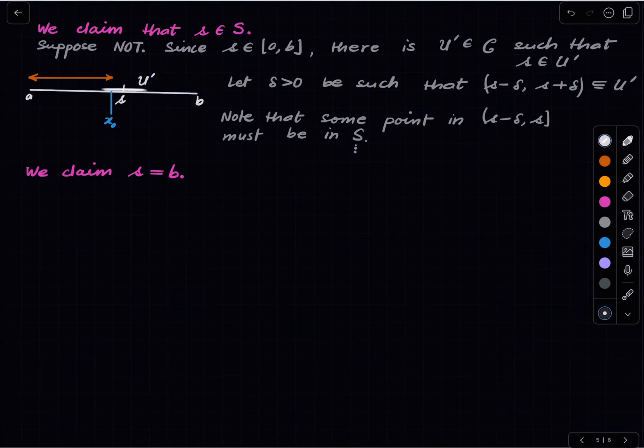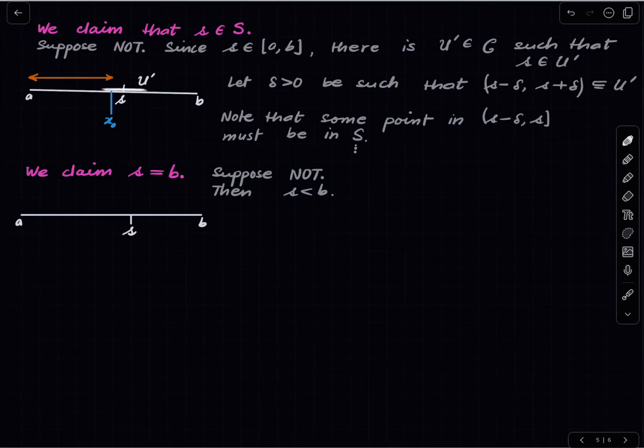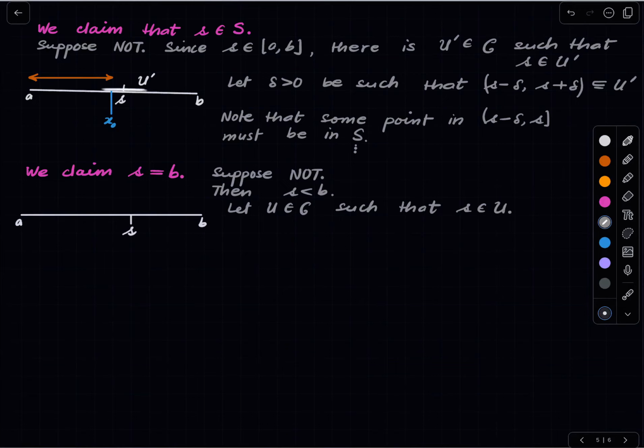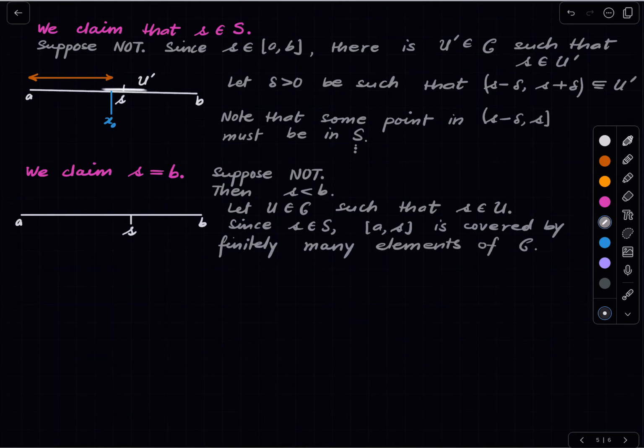It's the same thing I'm going to write down, what I've just said. So we have A comma B, let's say, suppose that s is strictly smaller than B, and here we can mark it out, s, and let U be in fancy C such that s lies in U. Also, since by the previous claim little s is in capital S, this is covered by finitely many elements of fancy C. So say, let me write U1.